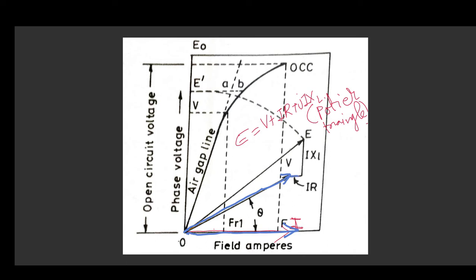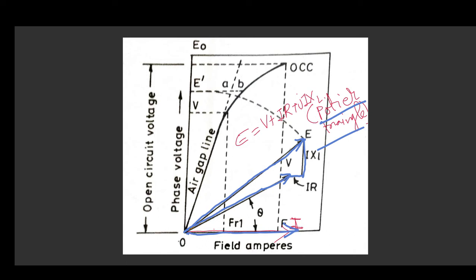Then as per the procedure and as per magnitude, IR, jIXL, and finally this one OE, correct? For that I need XL, so that is obtained from Potier triangle. Fine.